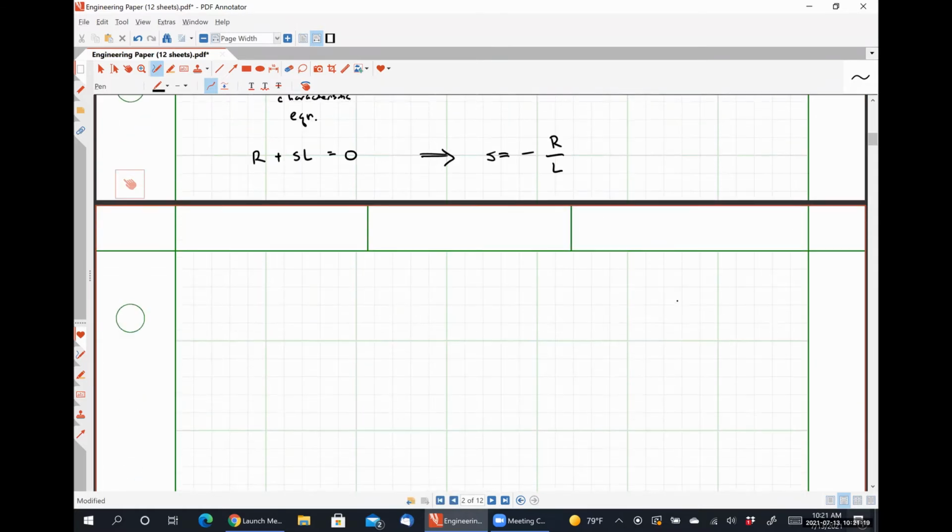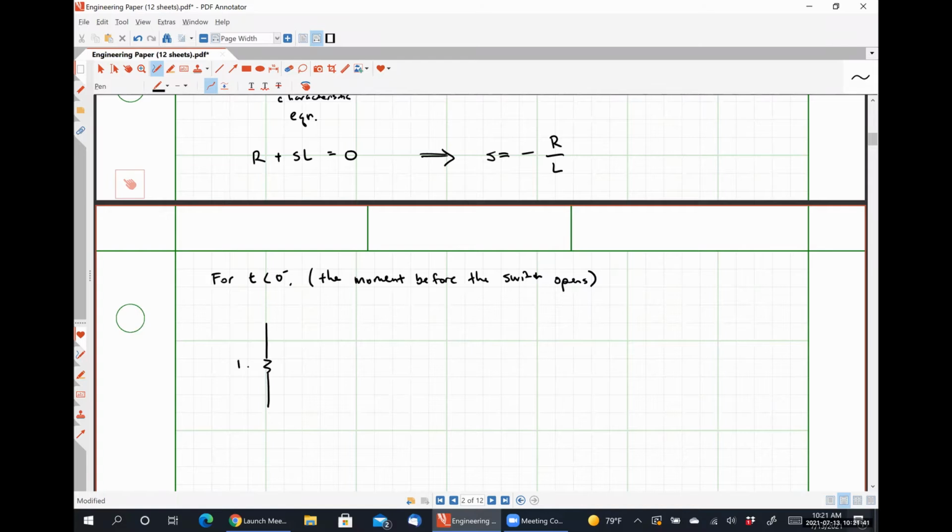So what I'm asking specifically is for t is less than 0 minus, the moment before the switch opens, our circuit looks like this.